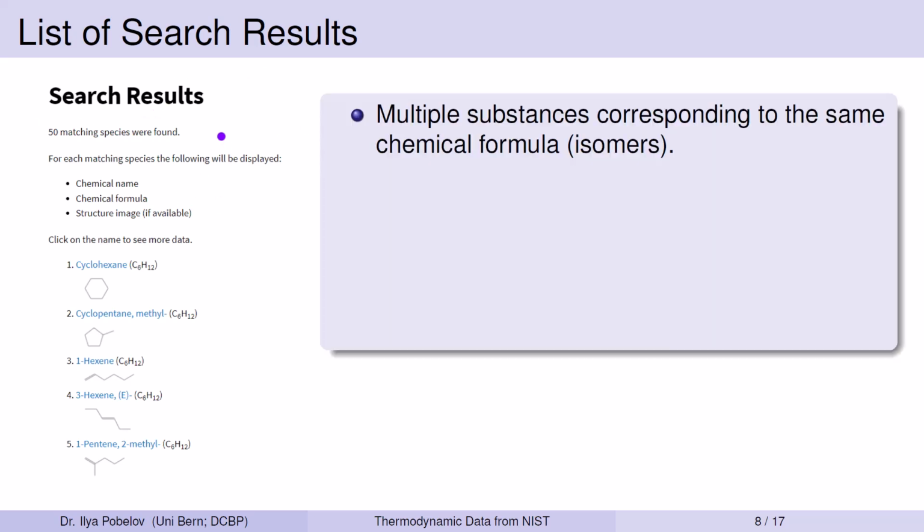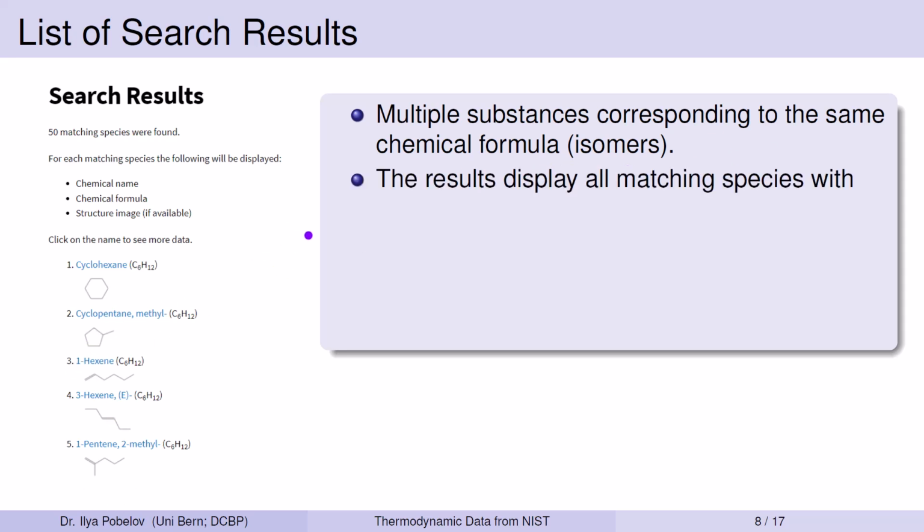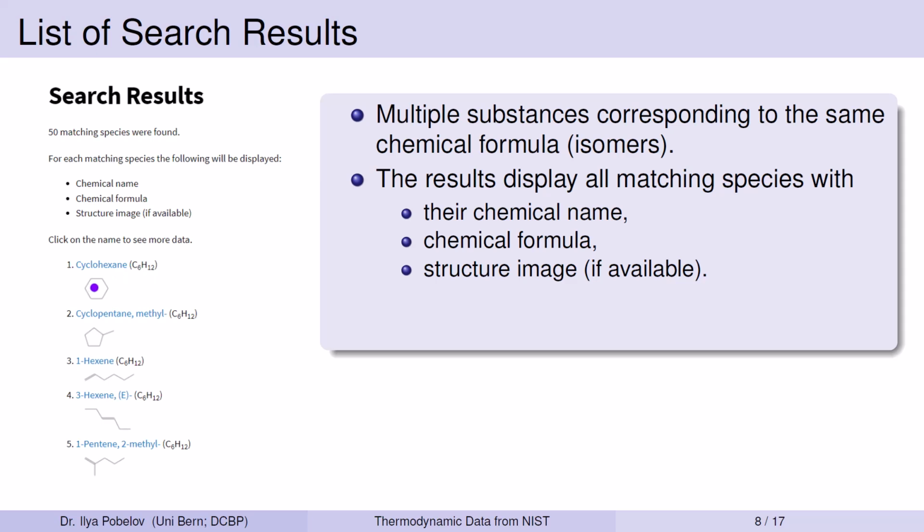After submitting your search query, you will be presented a list of search results. In many cases, multiple substances correspond to the same chemical formula, such as various isomers of organic substances. The results display all matching species in the database with their chemical name, chemical formula, and structure image if available.